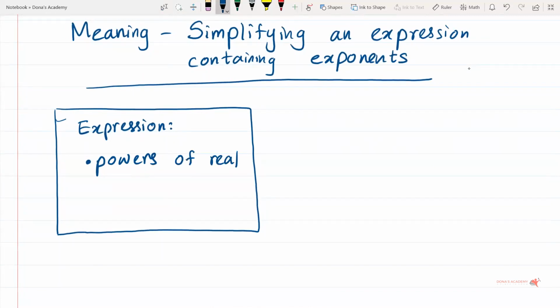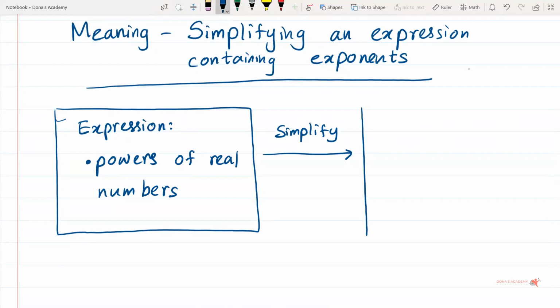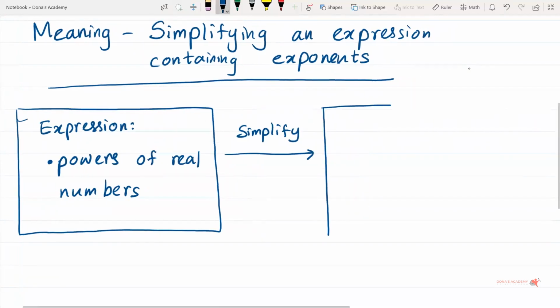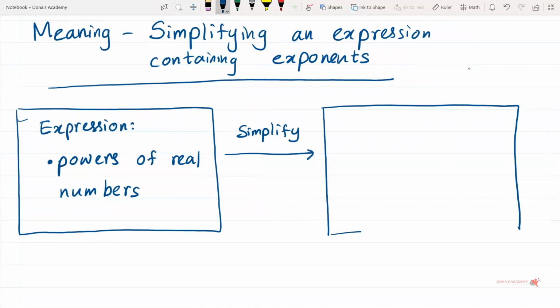Then if we simplify it, that means we are converting this original expression to another expression that satisfies two conditions. Now, what are those two conditions?